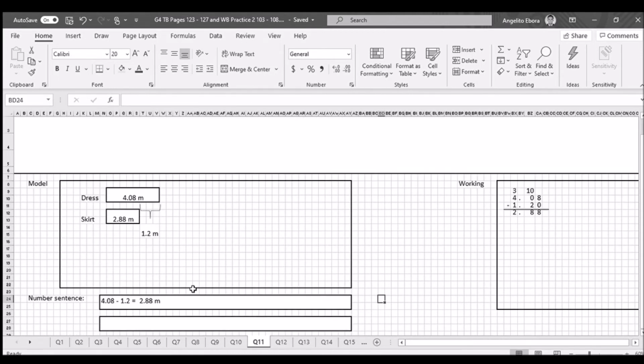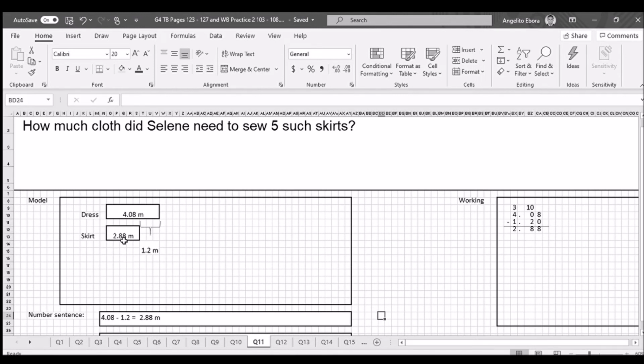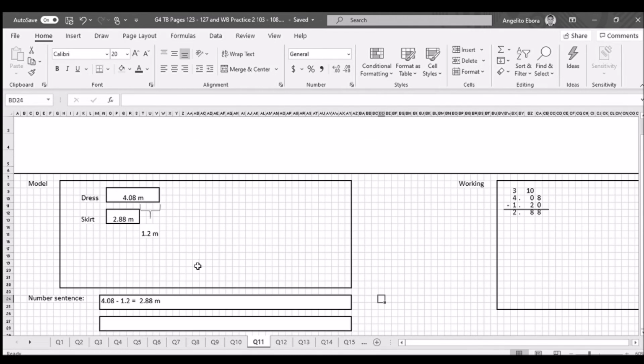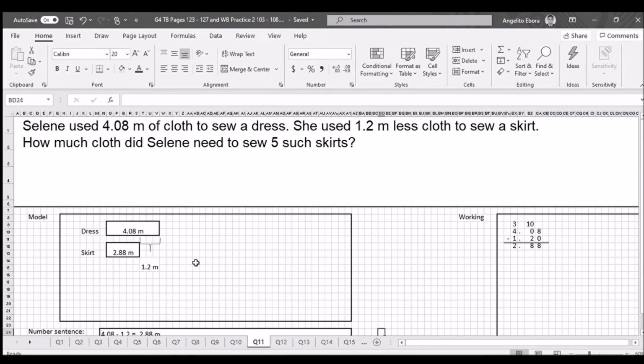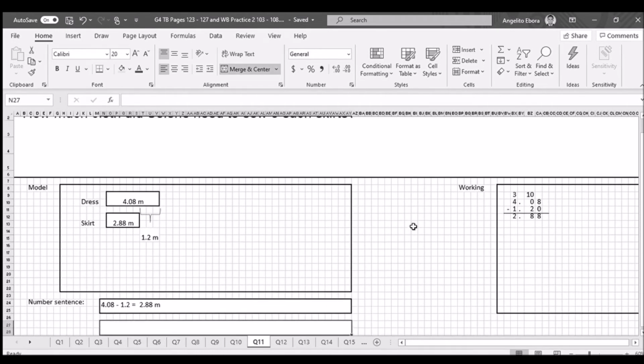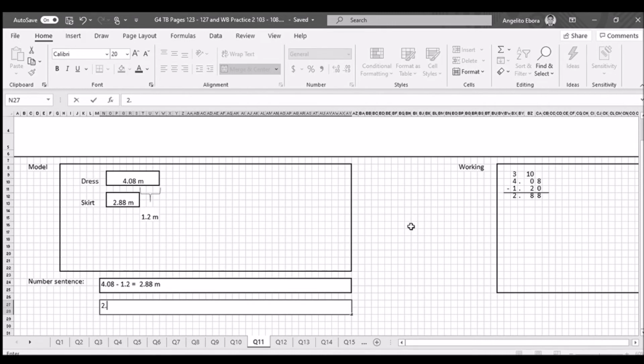Okay, so again, this one is one skirt, 2.88. So what if we need to find the total length of the cloth for 5 skirts? Okay, so we need to multiply. Okay, so 2.88 times 5.